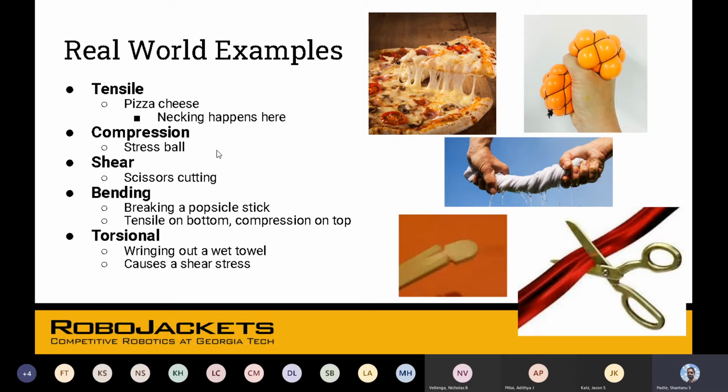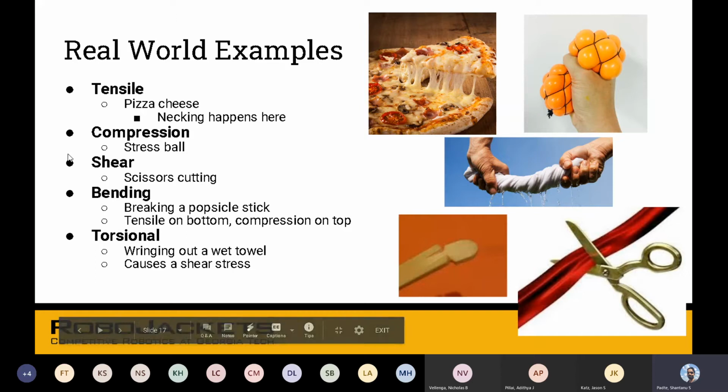Compression, or compressive stress, is what happens when you squeeze something. On the stress ball, there's a force being applied from the thumb over here and from the rest of the hand over here. And so the middle part gets compressed and it bulges out on the two sides. Shear stress is what happens when two scissors are cutting.